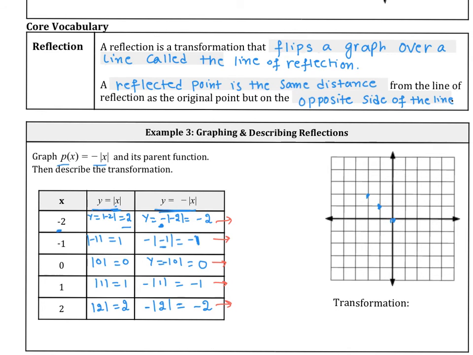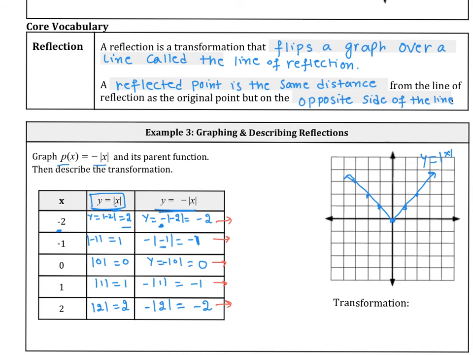This one is right here. And (1, 1) here, (2, 2) here. So that's going to be your V graph for the blue function, and that is the main function, that is y equals absolute value of x.